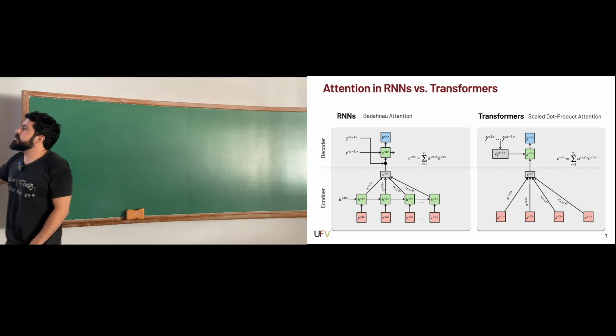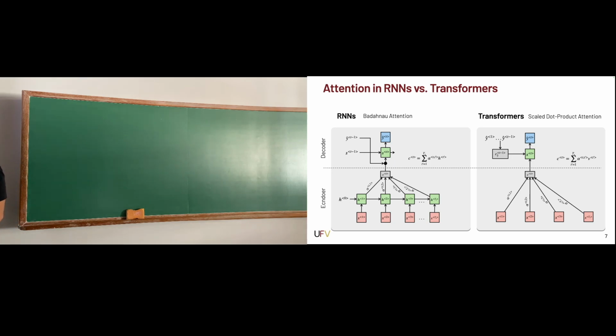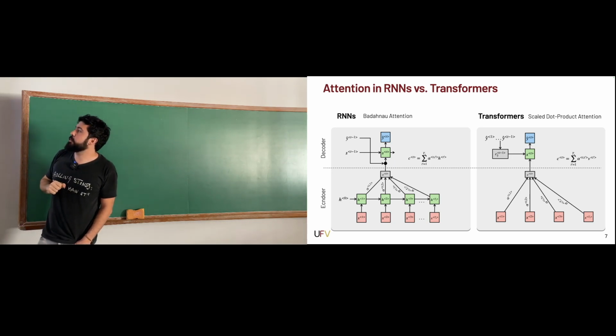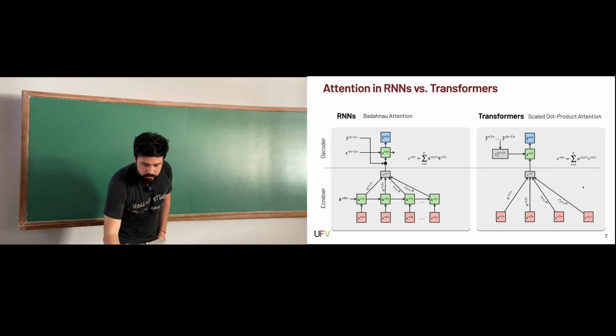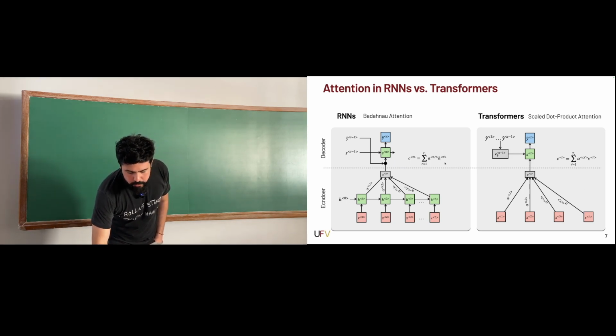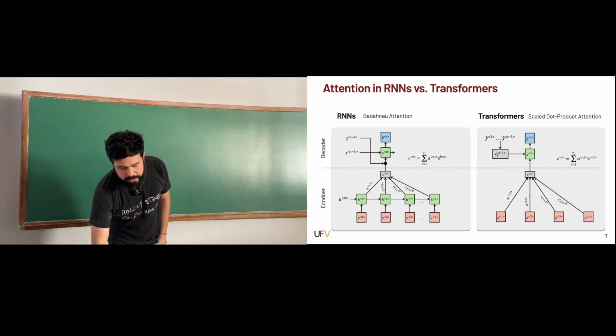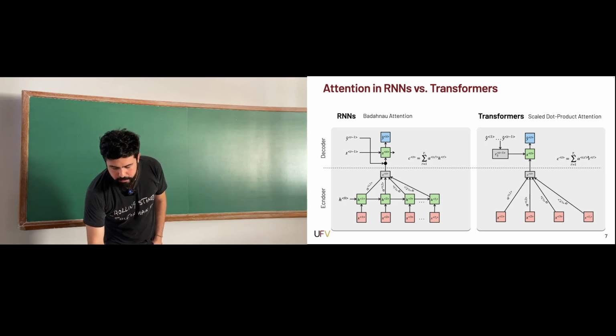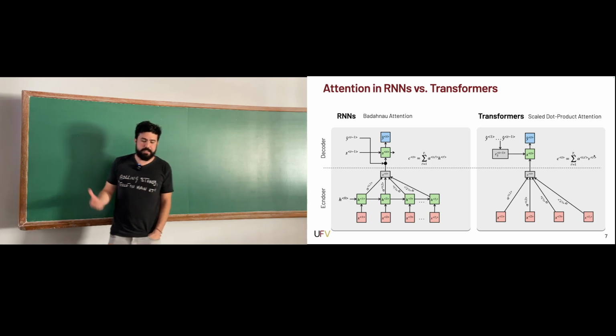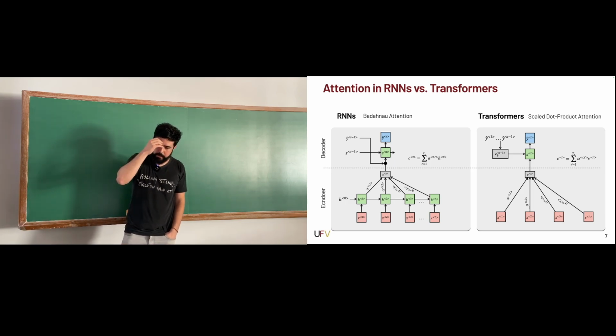But in RNNs, the words are represented by their h vectors. So you see here h in the formula. I'm going to use the mouse so people see remotely. On RNNs, the words are represented by the h vectors. But you see here the difference in transformers: the words are represented by this V vector, which we're going to see in a minute.